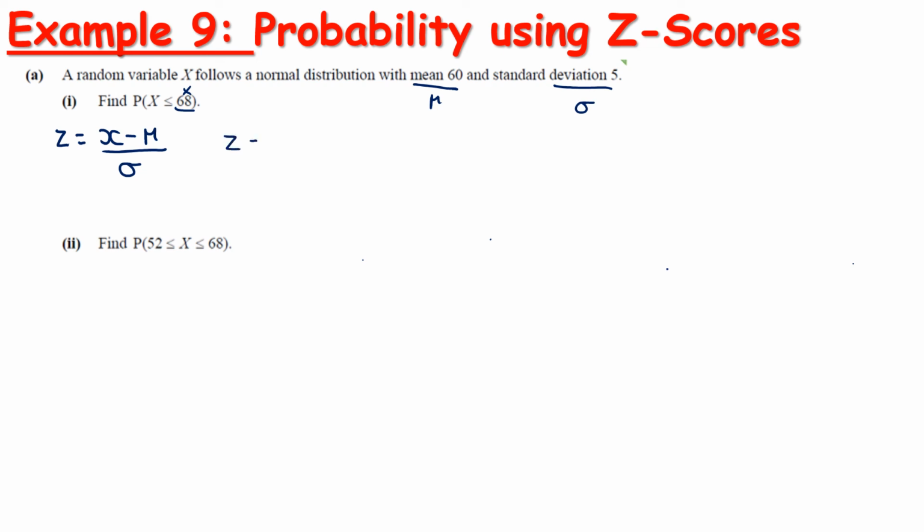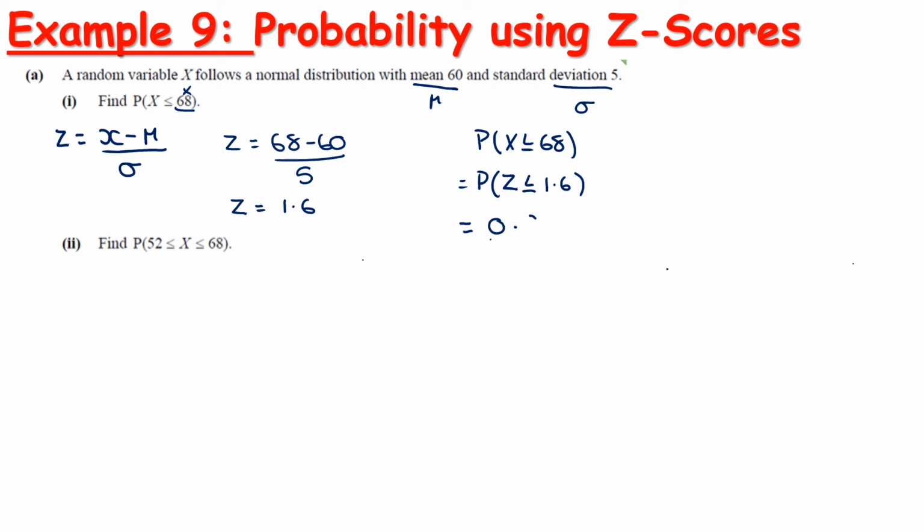So z is equal to 68 minus 60 all over 5, and that gives us a z-score of 1.6. So we started off with the probability that x was less than or equal to 68. That's the same thing as the probability that the z-score is less than or equal to 1.6 because we standardized that 68, and we go to our tables and we look that up and we get 0.9452, which is in percentage terms 94.52%, and that's our probability.